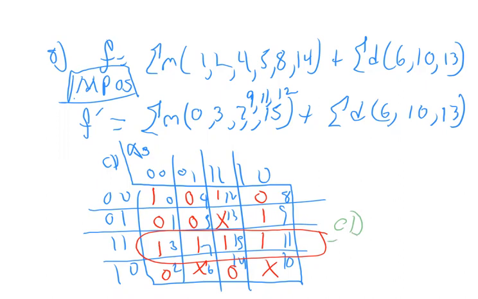Couldn't you loop 9 and also 11 together? You could, but you could make it simpler. How could I make it simpler? 9, 11, and 10. Well, you can't loop 3 things.